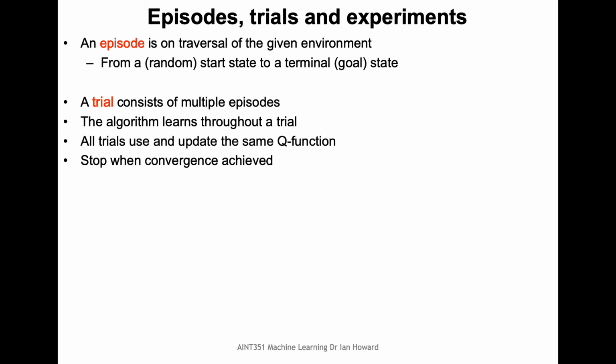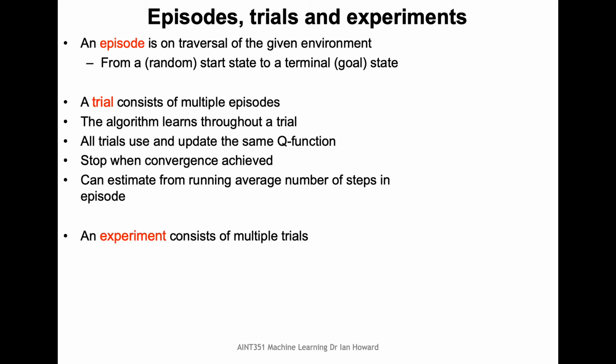You would generally stop doing another episode when you've got a fairly good convergence on the Q values that you're looking for. Over the episodes and trials, we use each of the steps in each episode to update the Q-table, using the update, which is effectively a running average.